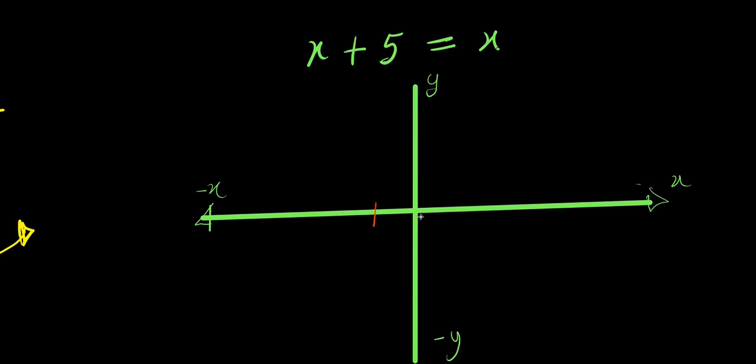Remember, this is 0, the initial point. This will be 1, 2, 3, 4, 5.